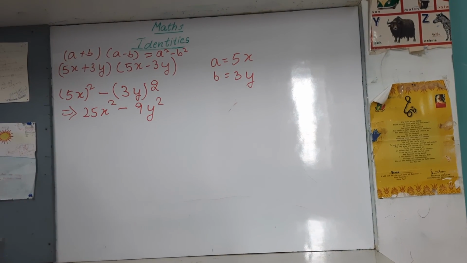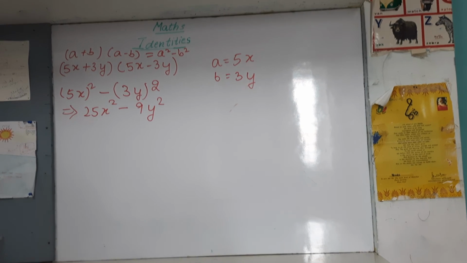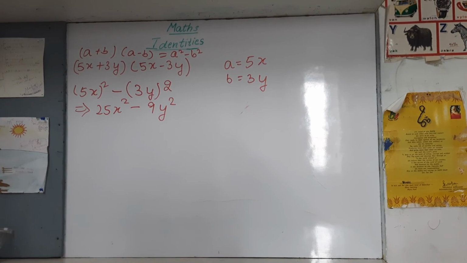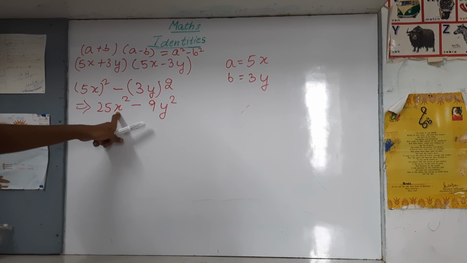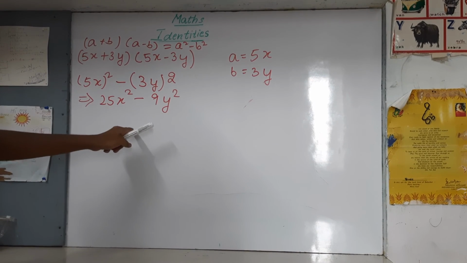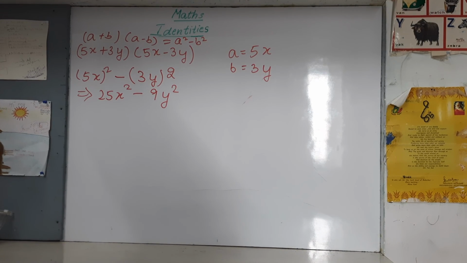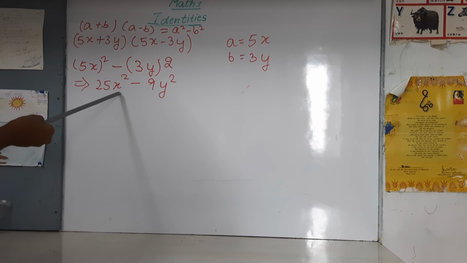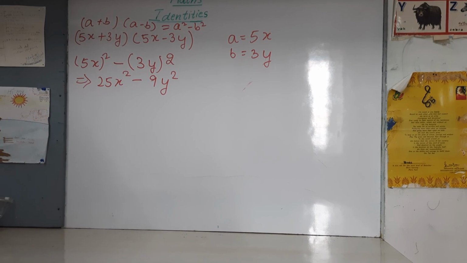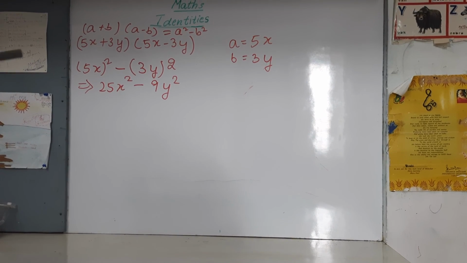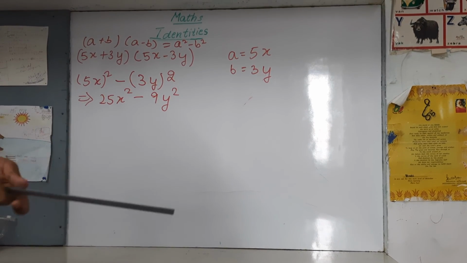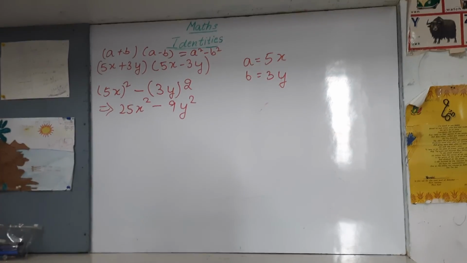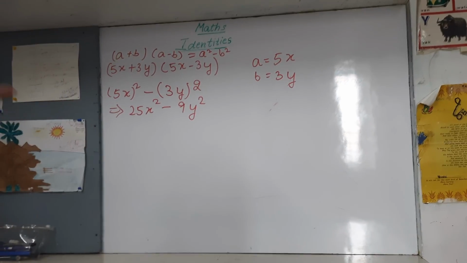No, we can't solve it, because many of them have a tendency to solve it, but the variables are different. Here x is there, here y is there. So we can't add or subtract. If there is a multiplication, yes, we can do it. But here there's a minus or plus. If there's a minus or plus, don't do anything.